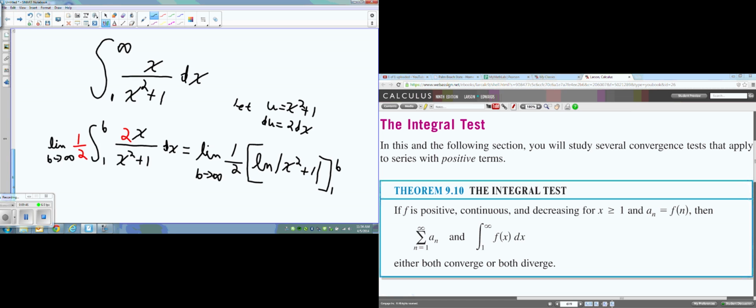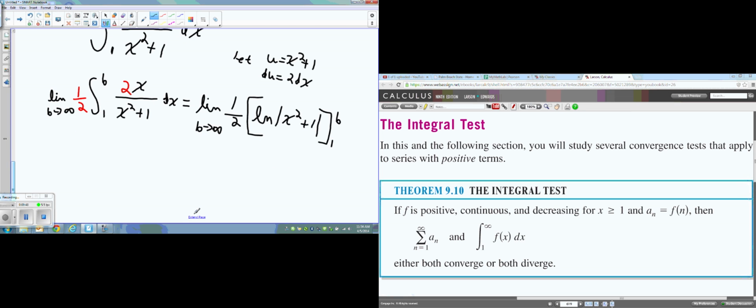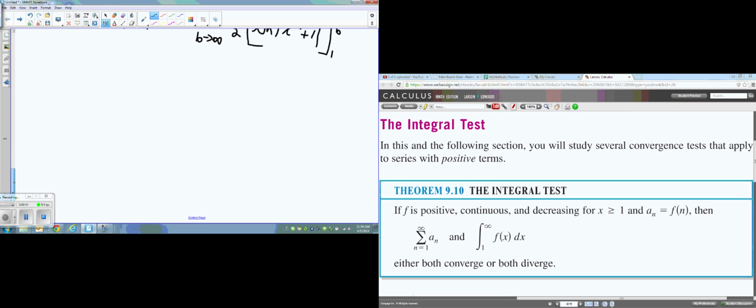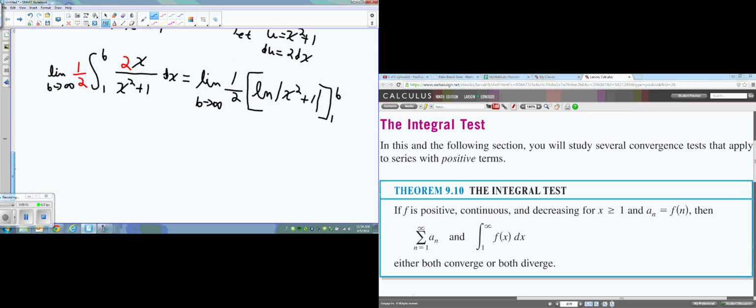All right, so we'd have this thing. And now we're going to plug in our upper and lower limits of integration.